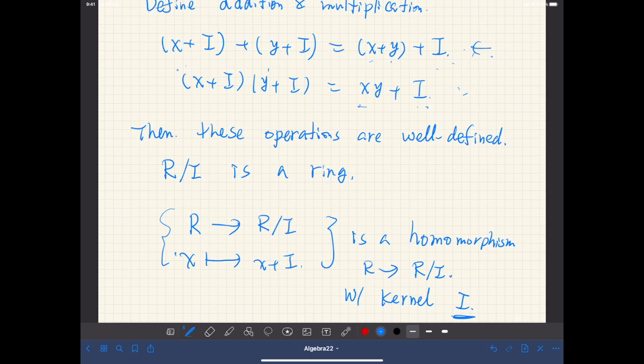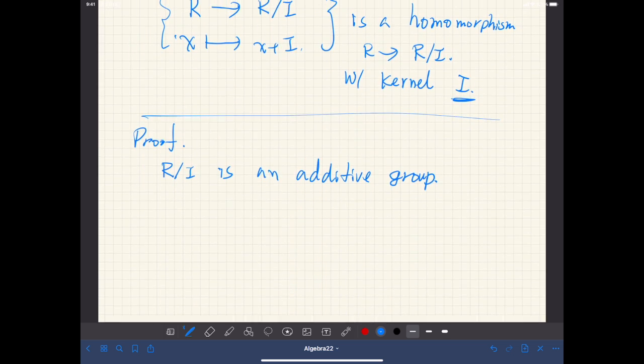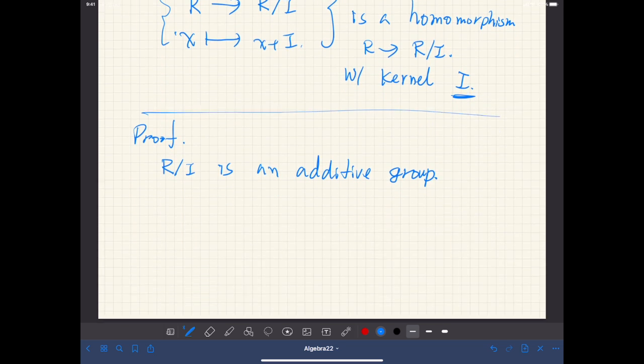So we need to show... addition is okay. We already proved it before. So we need to check whether the multiplication is well defined.